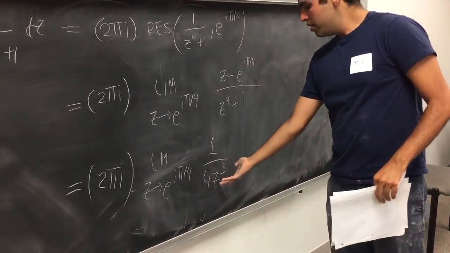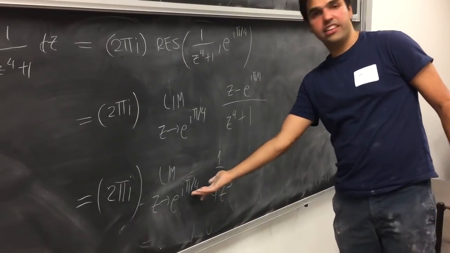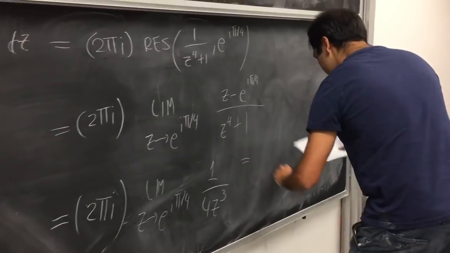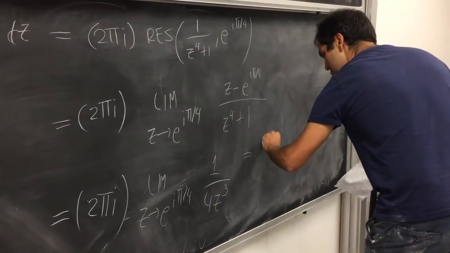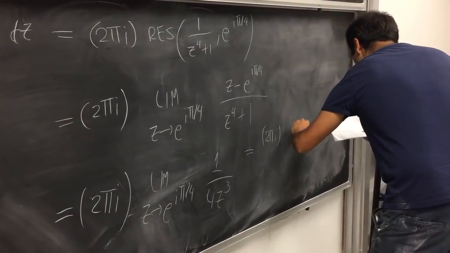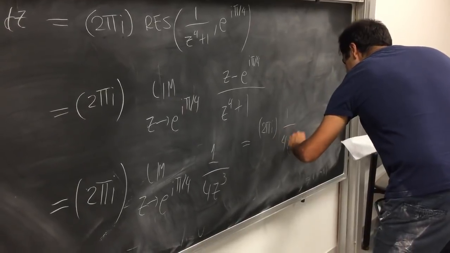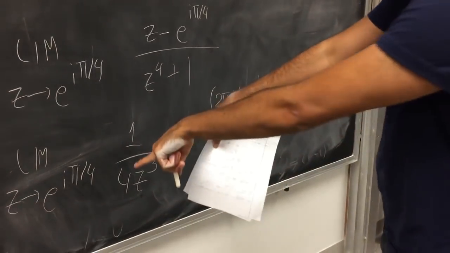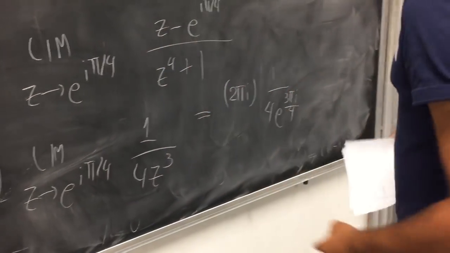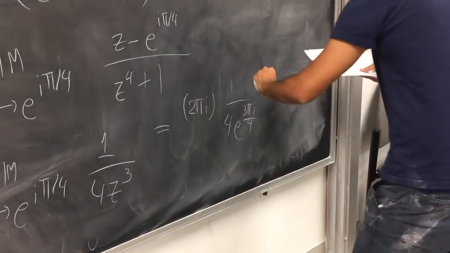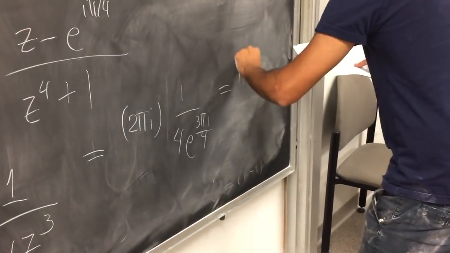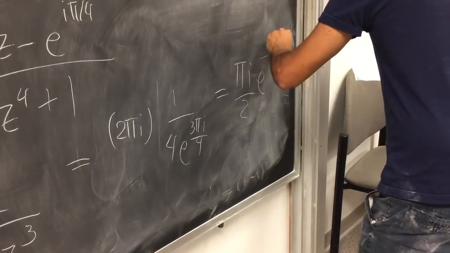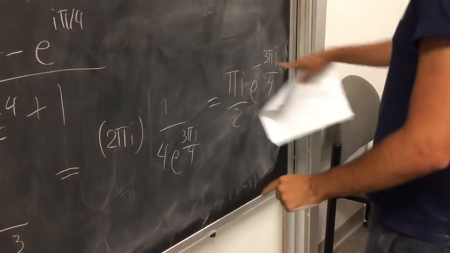But look, this does not have a singularity at this point anymore, so we can literally just evaluate this. So it's 2 pi i over 1 over 4 e to the 3 pi i over 4, so e to the i pi over 4 raised to the third power. You can simplify this to be pi i over 2 e to the minus 3 pi i over 4.